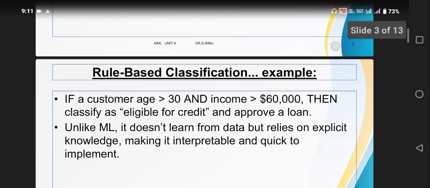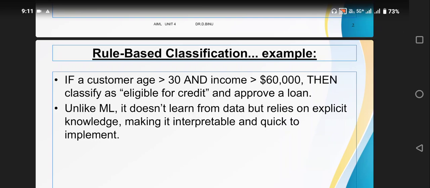An example of rule-based classification is: if a customer's age is greater than 30 and the income is greater than $60,000, then we can classify that particular customer as eligible for credit and we can approve the loan. Unlike machine learning, it doesn't learn from data but relies on explicit knowledge, making it interpretable and quick to implement.